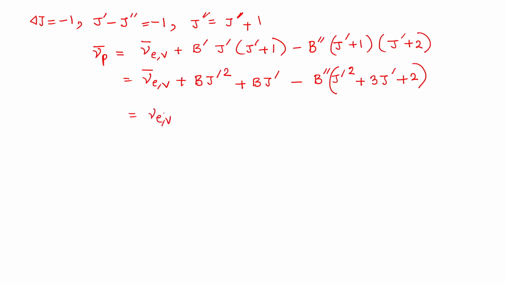Nu ev plus b dash, b double prime, j dash square minus 3b double prime j dash minus 2b dash.